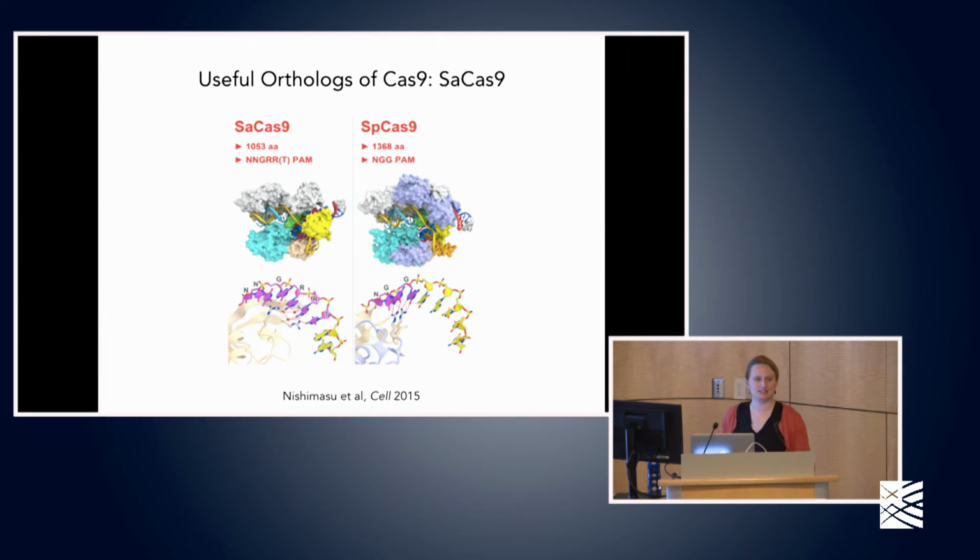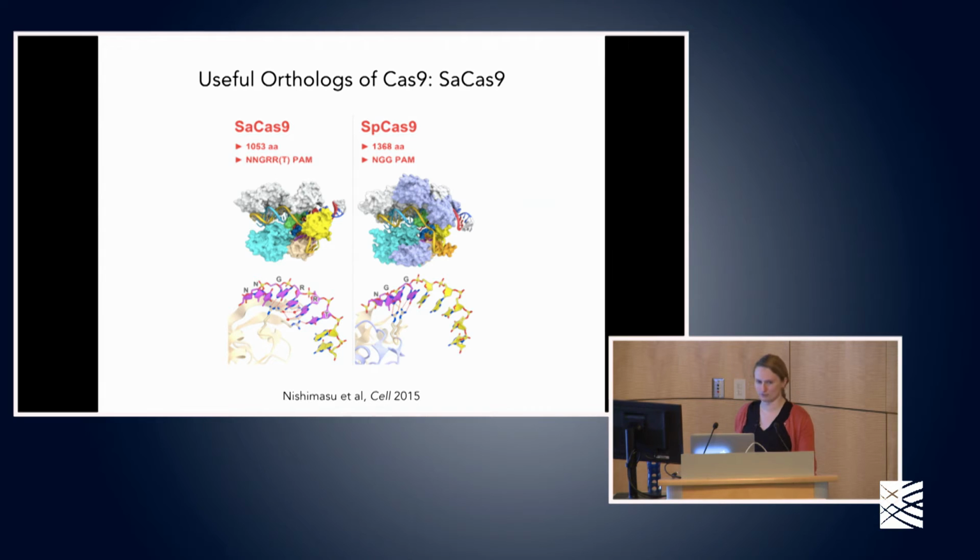When referring to Cas9 in previous slides, I was always referring to SpCas9, again, the Cas9 derived from Streptococcus pyogenes. There are other Cas9s in other bacteria species, and one especially notable one comes from Staphylococcus aureus, and it's called SaCas9. The key difference here is that it is much smaller, just above 1,000 amino acids, whereas SpCas9 is above 1,300 amino acids.